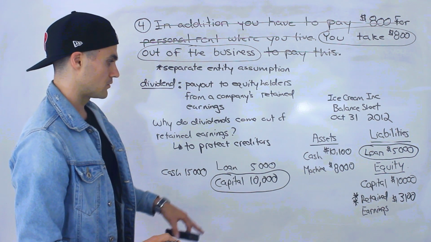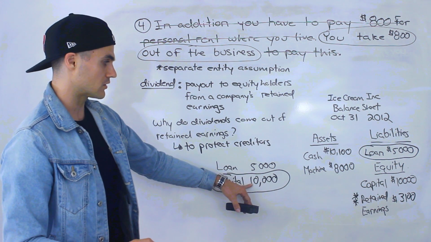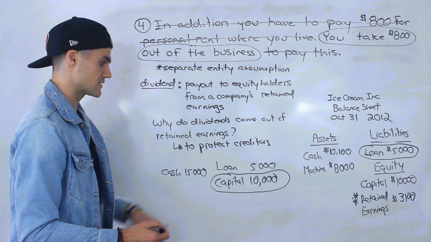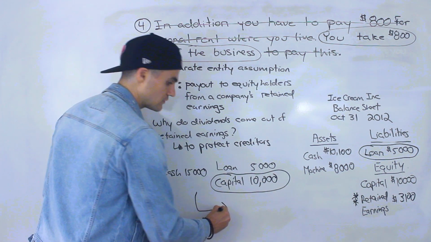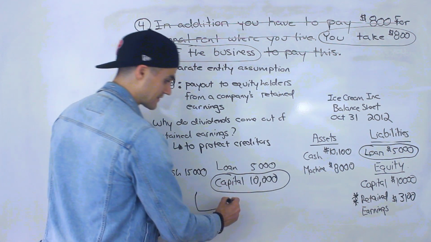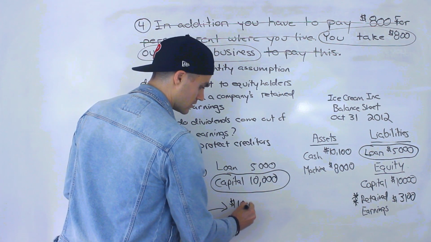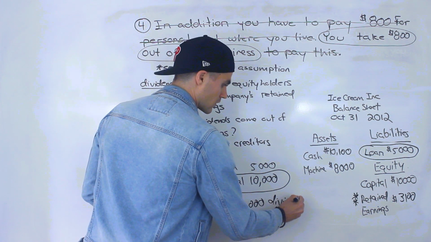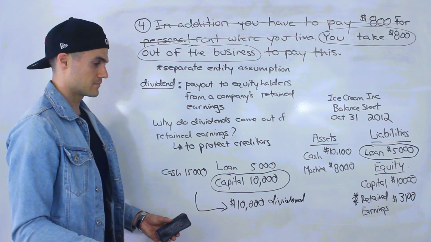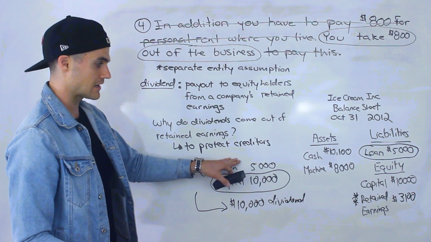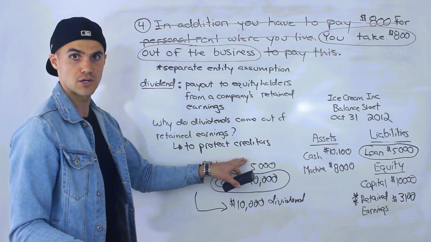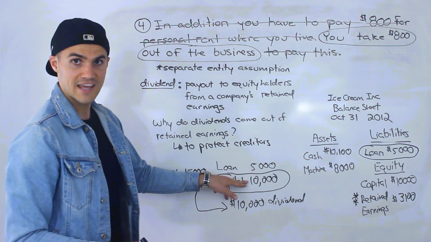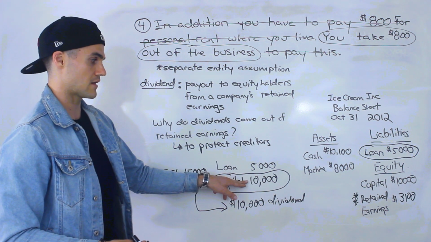And so if you put up $10,000, went to the bank, got this $5,000 loan, so you had this $15,000, and then imagine before you even did anything in the business, you took out the $10,000 investment that you had as a dividend. Well, that wouldn't be right, because the bank may have not given you this $5,000 initially if they knew that this $10,000 wasn't going to be there.